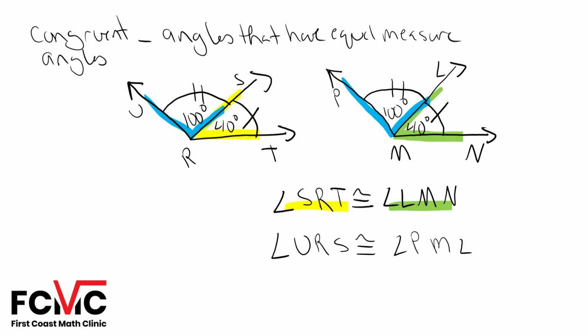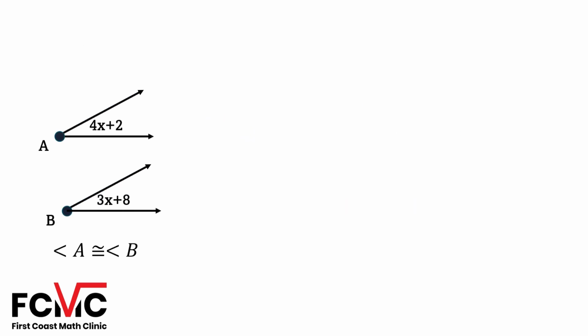Let's do a couple examples with congruent segments and congruent angles. Here we've got angle A congruent to angle B, so we can mark off angle A congruent to angle B. Angle A is 4x plus 2, angle B is 3x plus 8. So we know that the measure of angle A has to equal the measure of angle B. The measure of angle A is 4x plus 2.